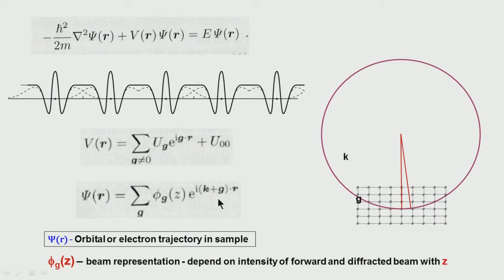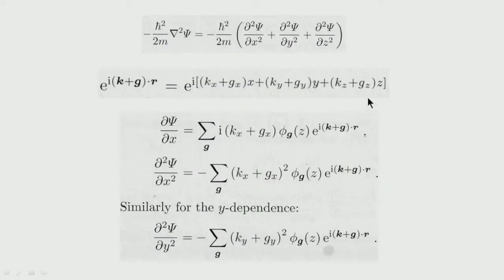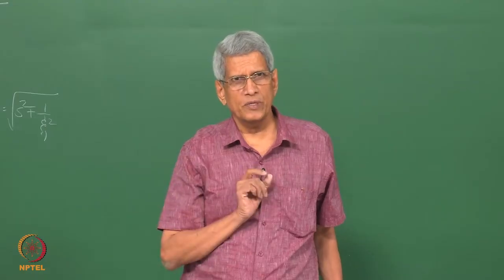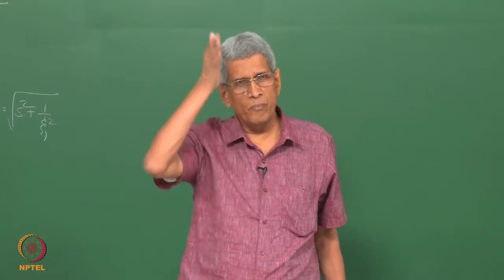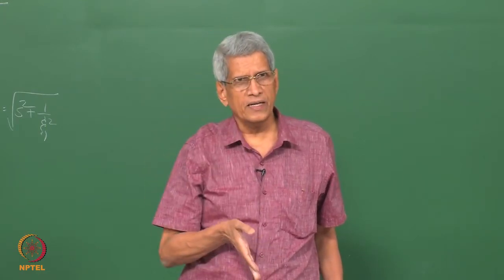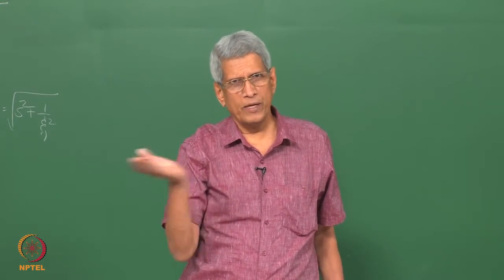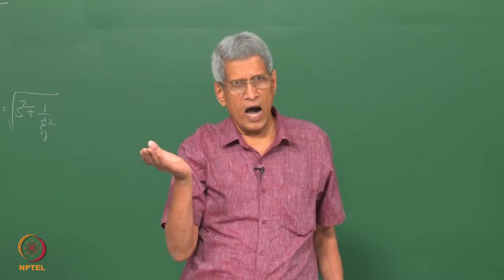One of the things which we have to keep in mind is that k can have components kx, ky, kz. Similarly, g can also have components gx, gy, gz, correct. But what normally happens is that the energy of the electron beam is very high, and compared to that the separation between the atoms is small, and we are assuming that the beam is falling in the z direction, so g is almost perpendicular to r.